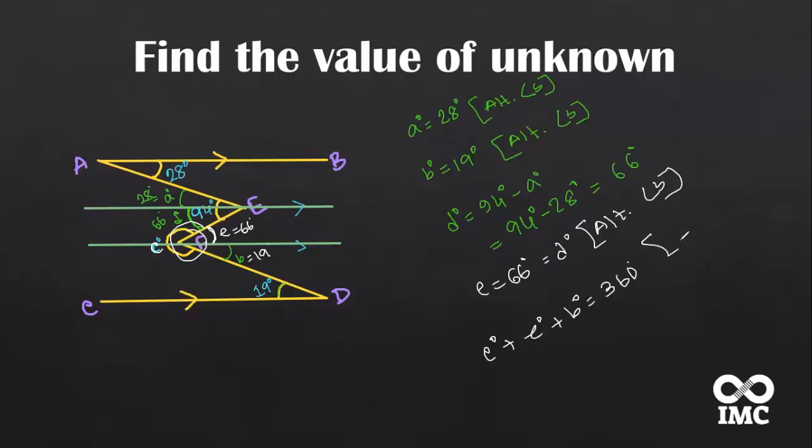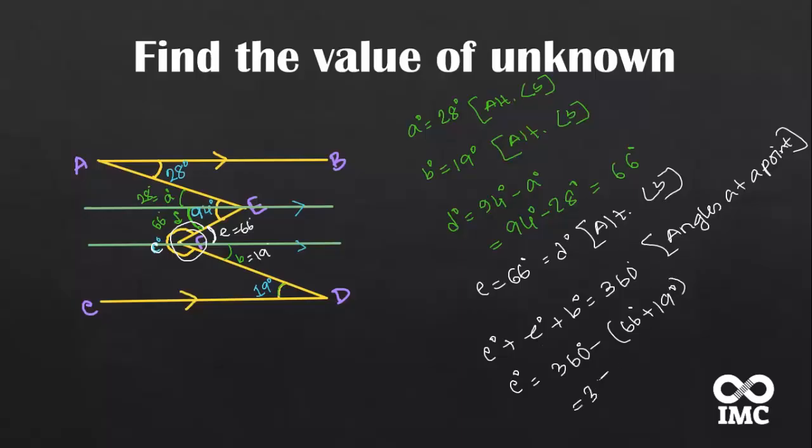Okay, and what will be the abbreviation here? We can write angles at a point, because all angles will meet at this point and this angle will be 360. Now we need to find out the measurement of C degree, that will be 360 degree minus the sum of E and B. Here E is 66 and B is 19 degree.